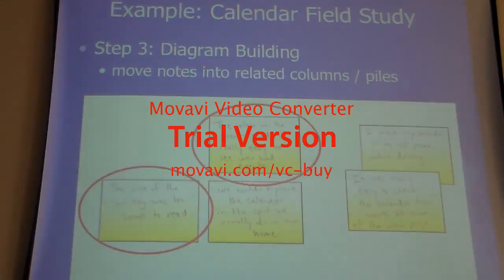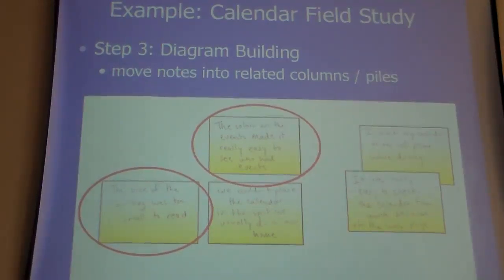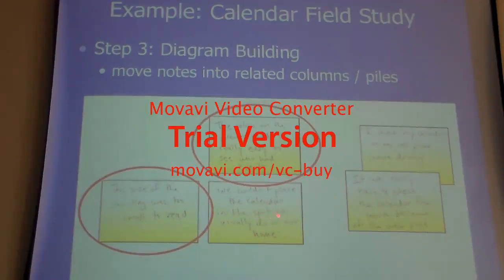And then these two: the colors on the events made it really easy to see who had events. The color and the size, the features. They have the same thing. And this one, we couldn't place the calendar in a spot, we visually do it overall.